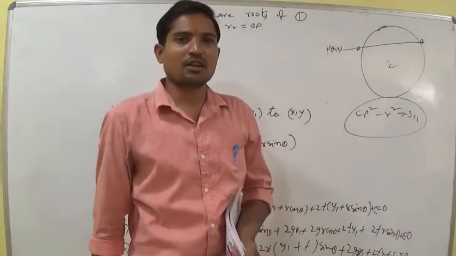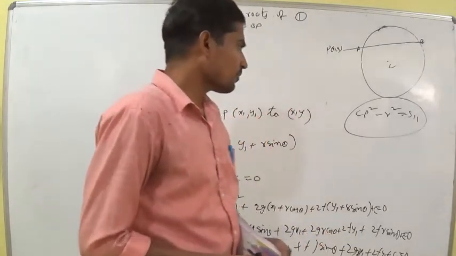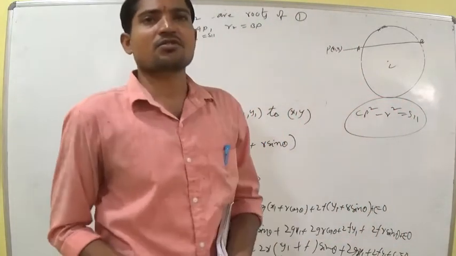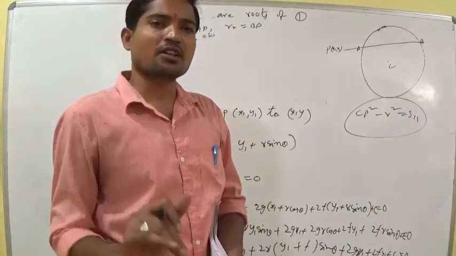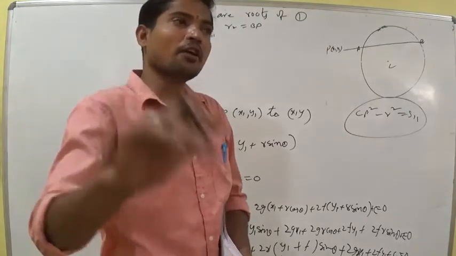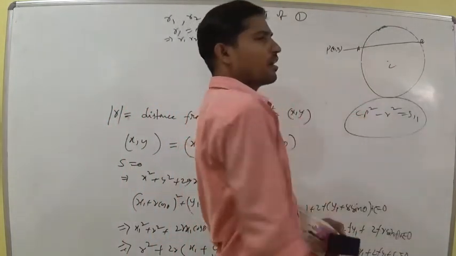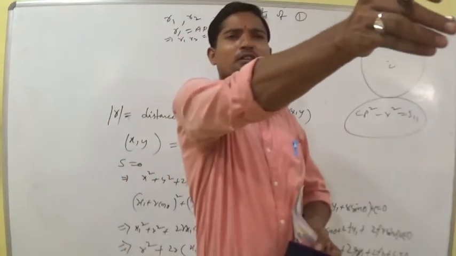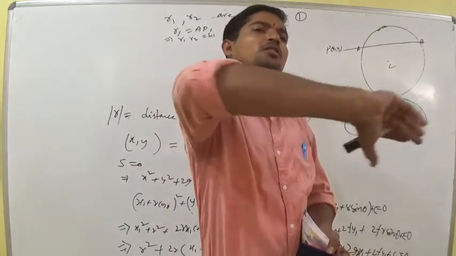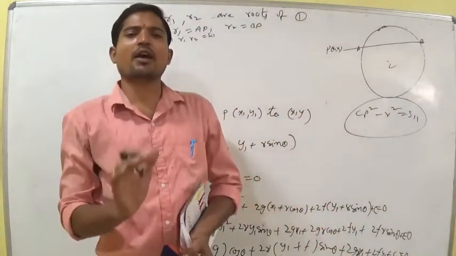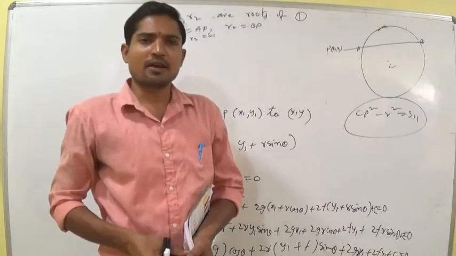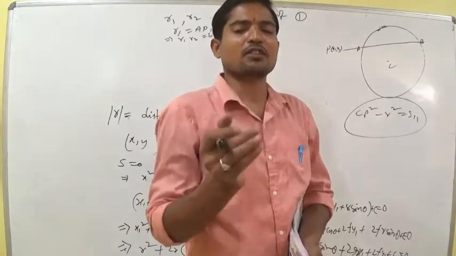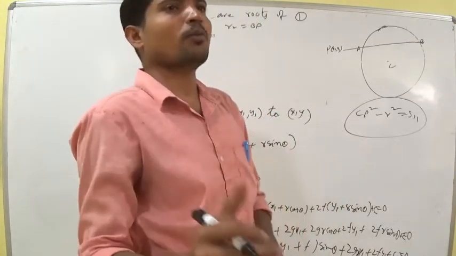So whether this is positive, negative or equal to 0, depending on that we can decide the position of a point. And if from a point the secant is passing through two points A and B of a circle, then PA into PB is equal to S11. Up to now we discussed. Now let us solve problems on this.